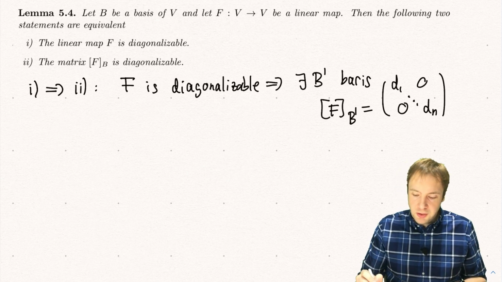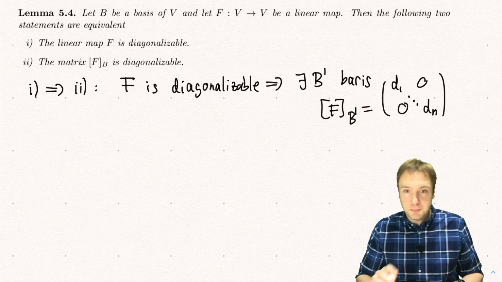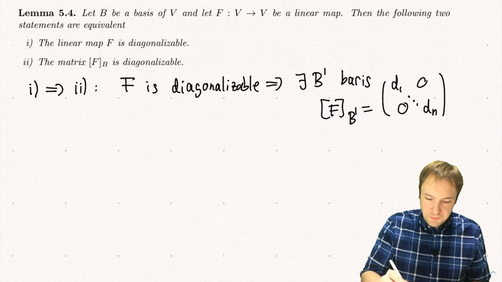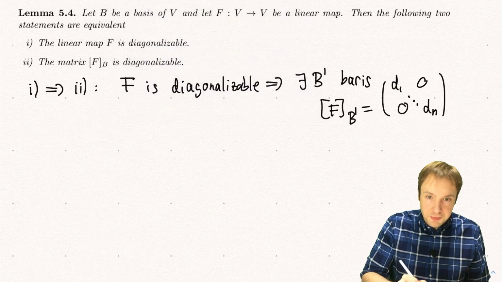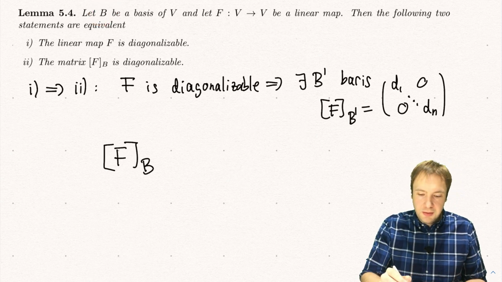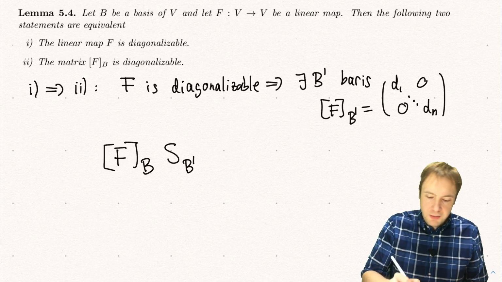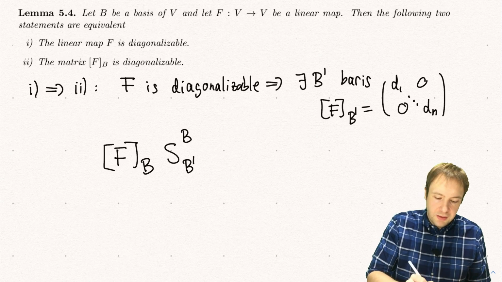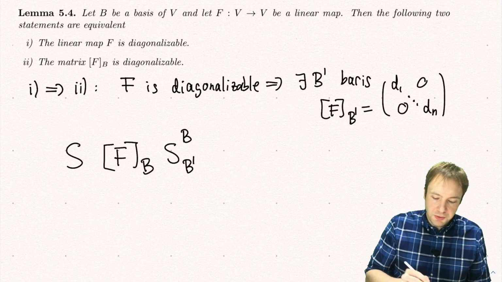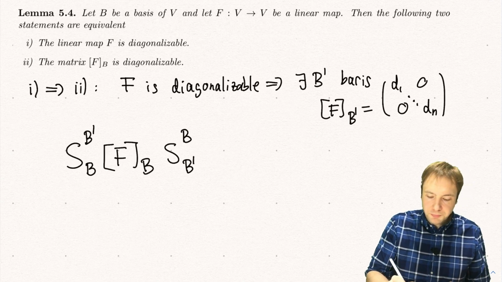Well, what we can do here is consider the change of basis matrix. So if I have this matrix of F with respect to this basis B, then I multiply from the right with a change of basis matrix, where I go from the basis B prime to the basis B, and on the other side I multiply with a change of basis matrix going from the basis B to B prime.